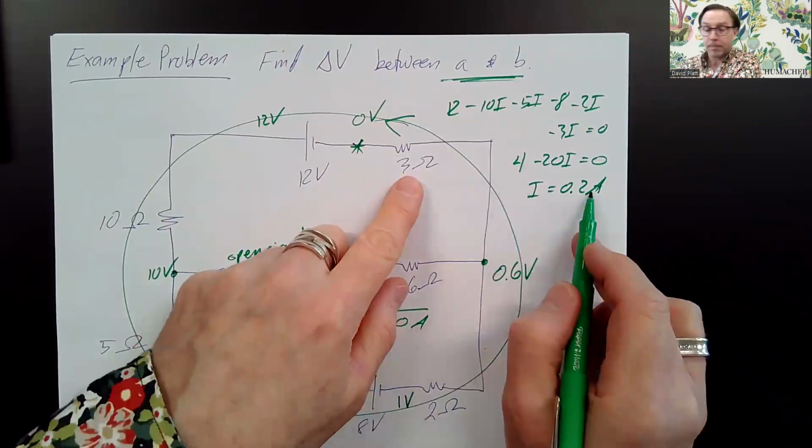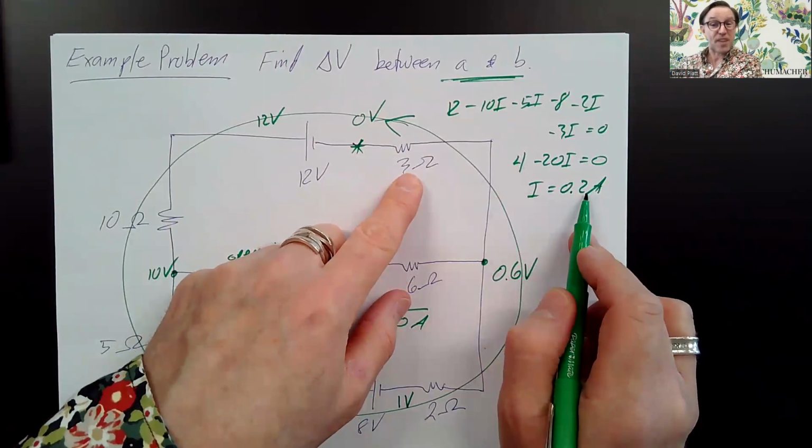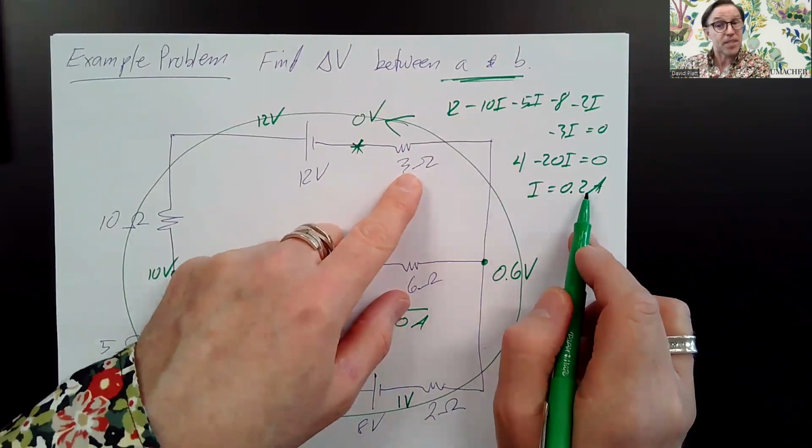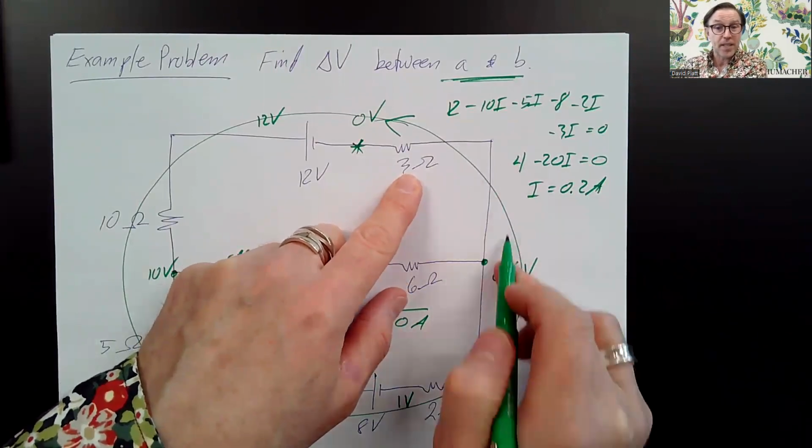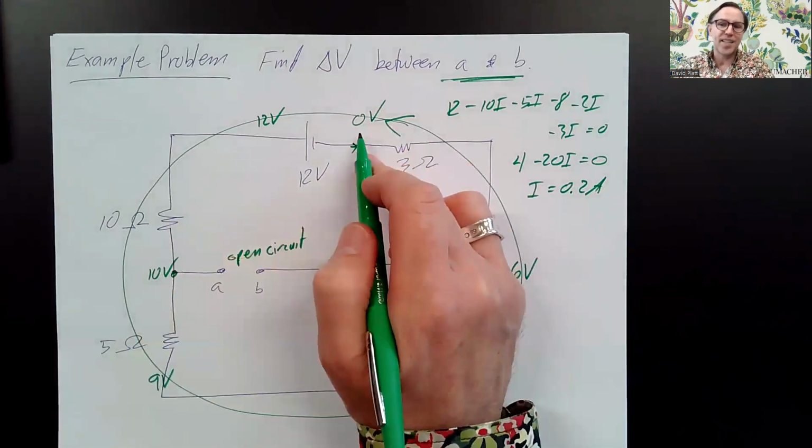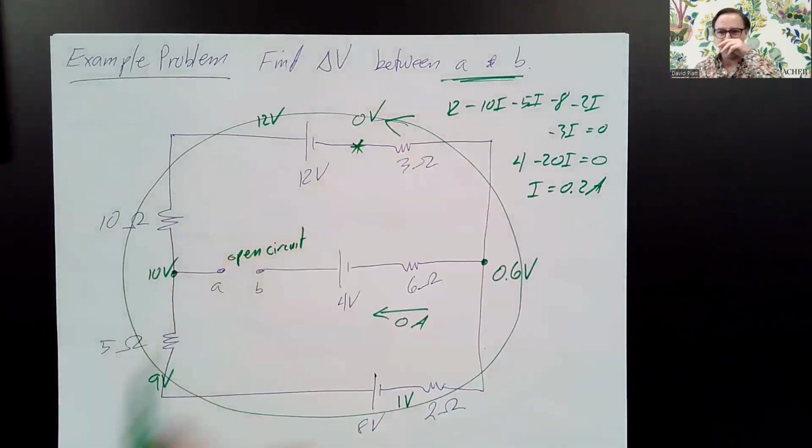Minus 3 times 1/5 is 3/5, and 3/5 is 0.6. So 0.6 minus 0.6 gets me back to 0.